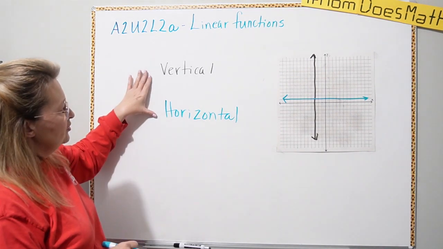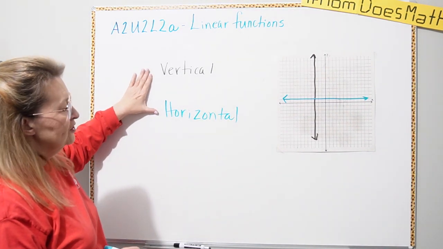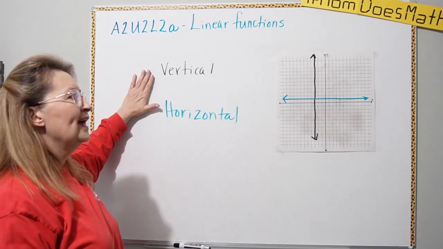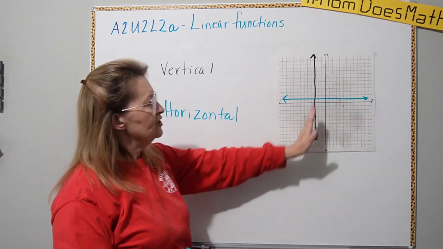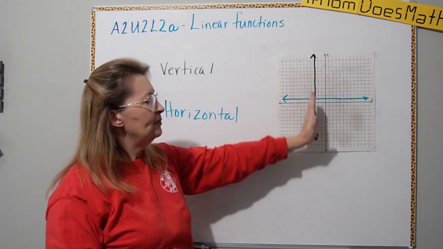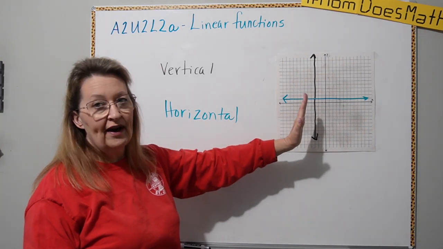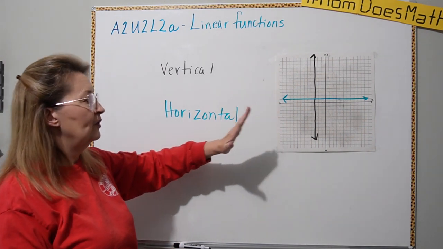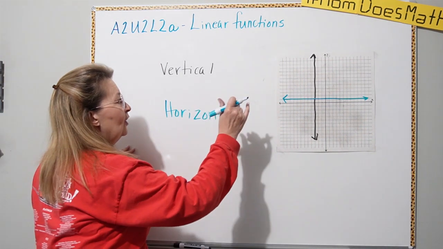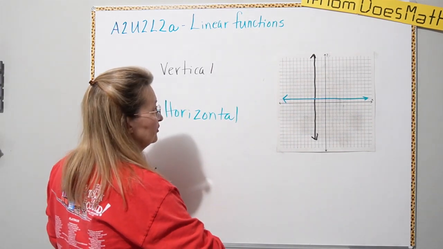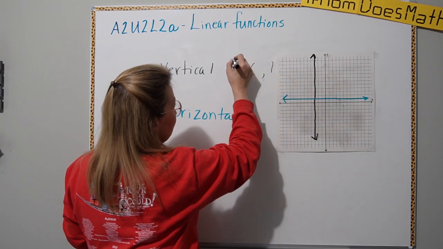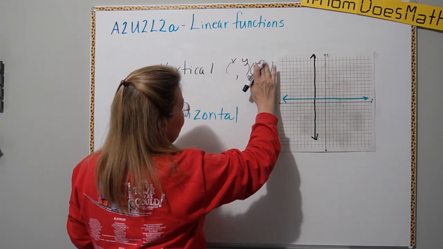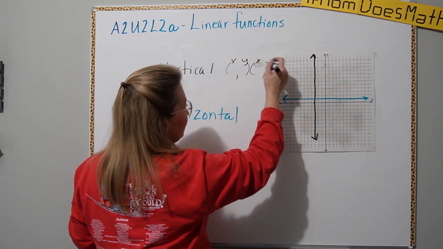Okay, let's look at a couple of special lines, a vertical line and a horizontal line, and see what kind of equation we can have to describe those. If we look first at the vertical line that's going straight up and down, remember that slope is undefined. That slope is over 0. But when we think about the ordered pairs that go with this line, we know that ordered pairs are always x and y, x and y. So let's just look at a couple.